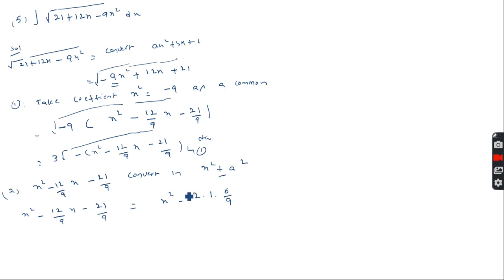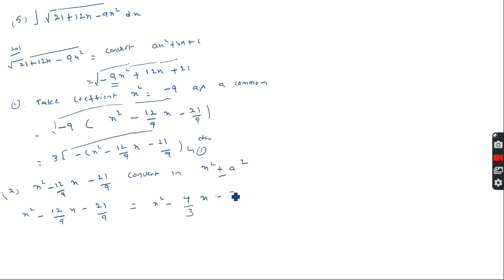For easy simplification and convenience in converting, x square minus 12 by 9 x minus 21 by 9: 12 by 9, dividing by 3, is 4 by 3, and 21 by 9 is 7 by 3.